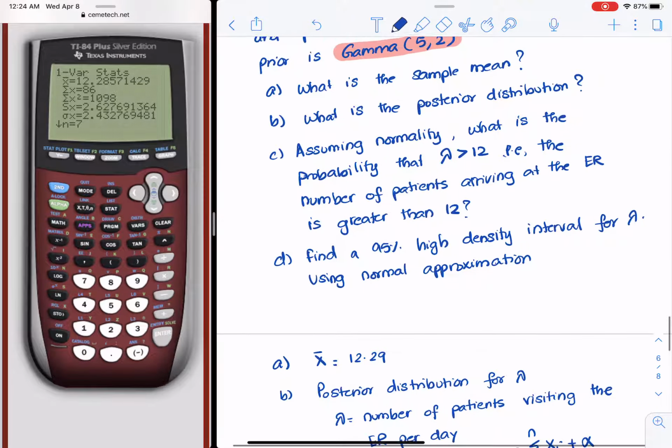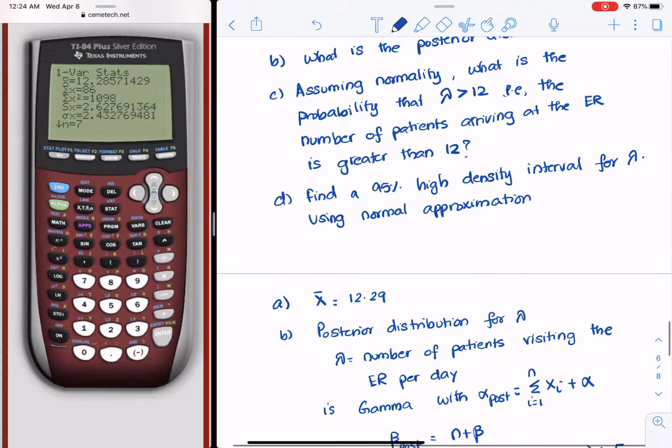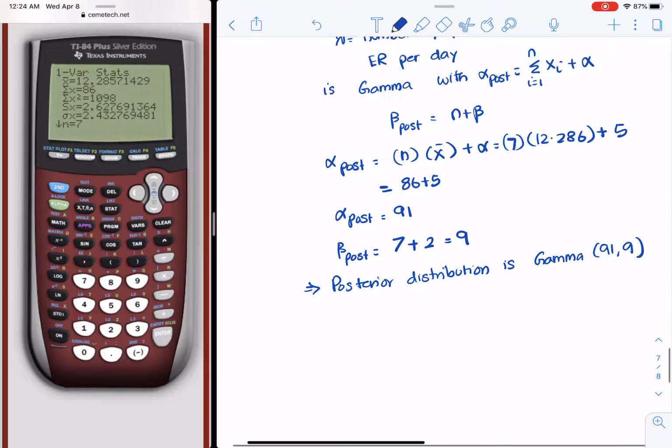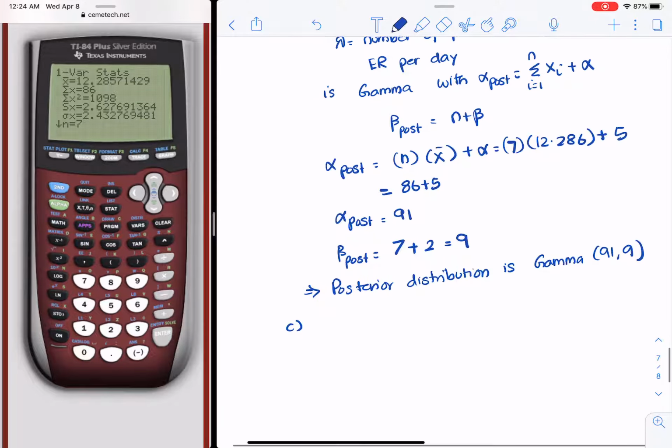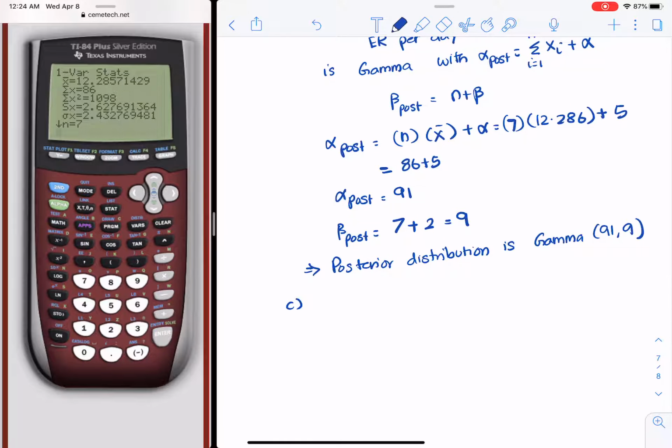So let's find the probability that lambda is bigger than 12. Now, the average seems to be 12.28 per day. So could it be bigger than 12? It is likely. Did the prior information change that value 12.28? It's likely; we would see how the prior information affected the value of lambda.